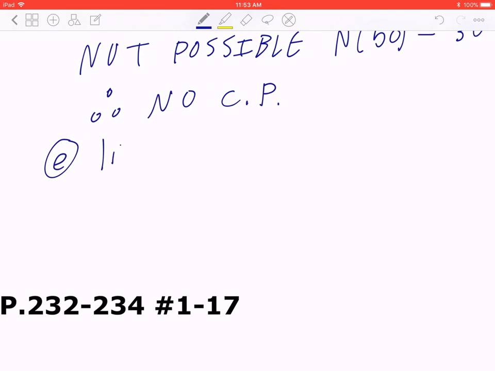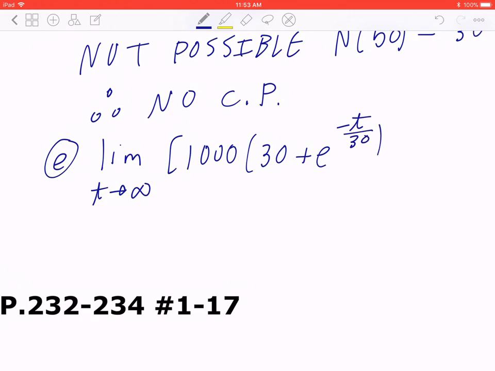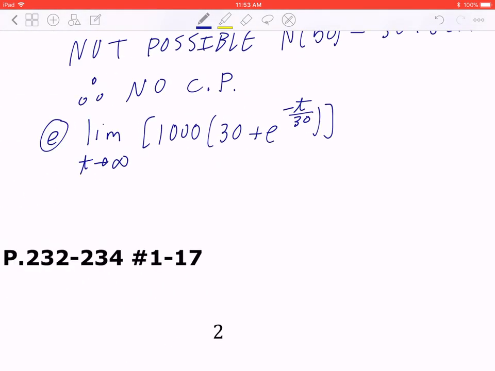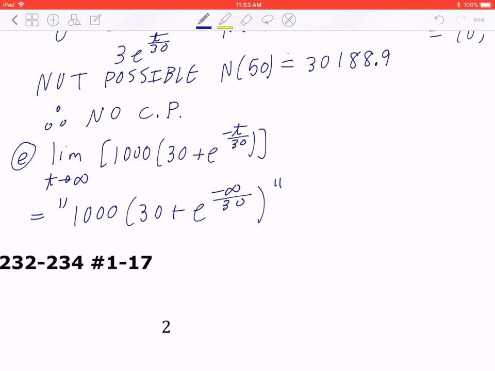So we take the limit as time approaches infinity of the function 1000 times 30 plus e to the power of negative t over 30. In quotation marks, in the world of limits, this is going to be 1000 times 30 plus e to the power of negative infinity over 30. And again, we're thinking about this in the world of limits.